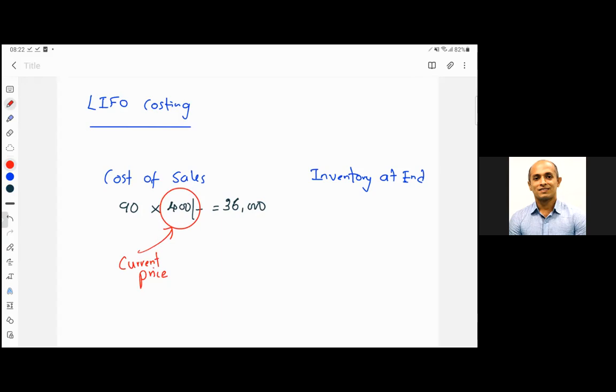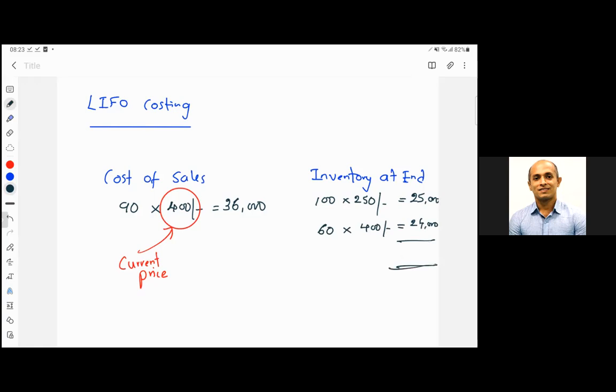Then inventory. You have calculated 100 units at 250, 25,000. Then the balance 60 units at 400, 24,000.